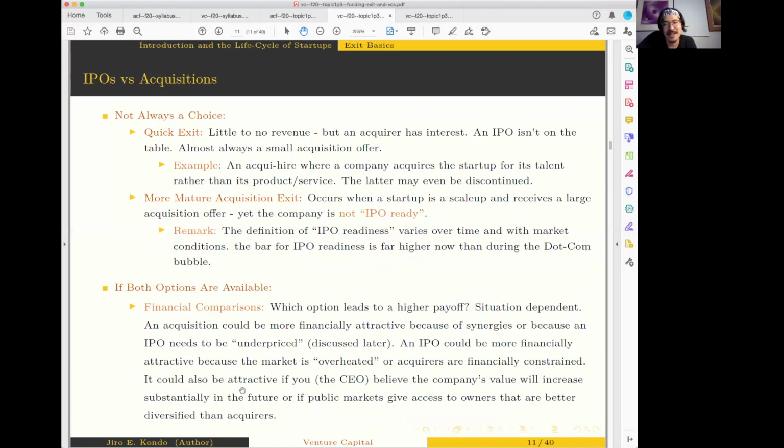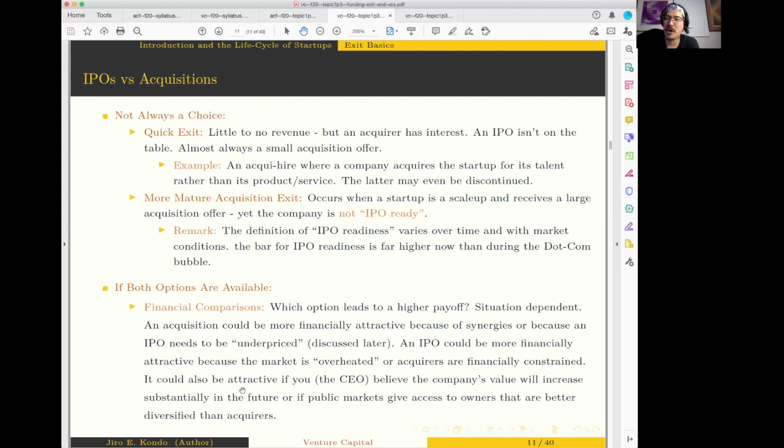The first thing I'm going to say is not that interesting, but I'll say it anyway. We potentially might be thinking about the choice between an acquisition or an IPO, but it's not always a choice. Sometimes there's only one that's available to us. And in particular, sometimes the only thing we've got, if we want to do an exit, is an acquisition. When you've got young startups exiting, it's almost always an acquisition because the startup is not IPO ready, where, as we discussed earlier, the definition of IPO ready has become a more mature company now than it used to be.